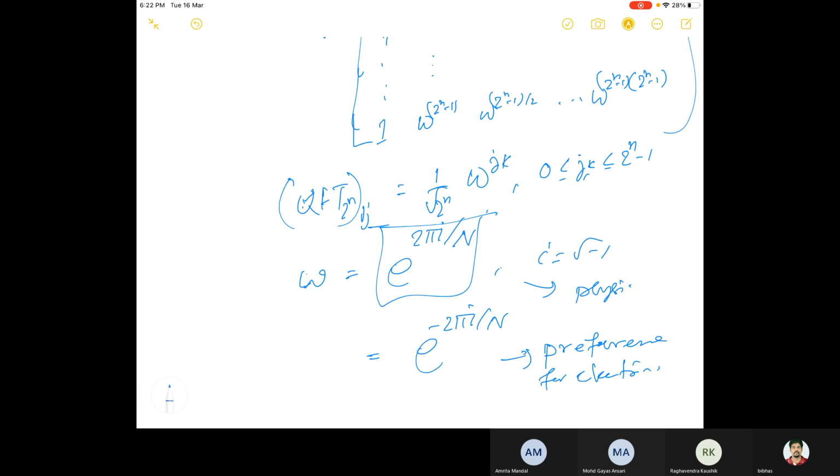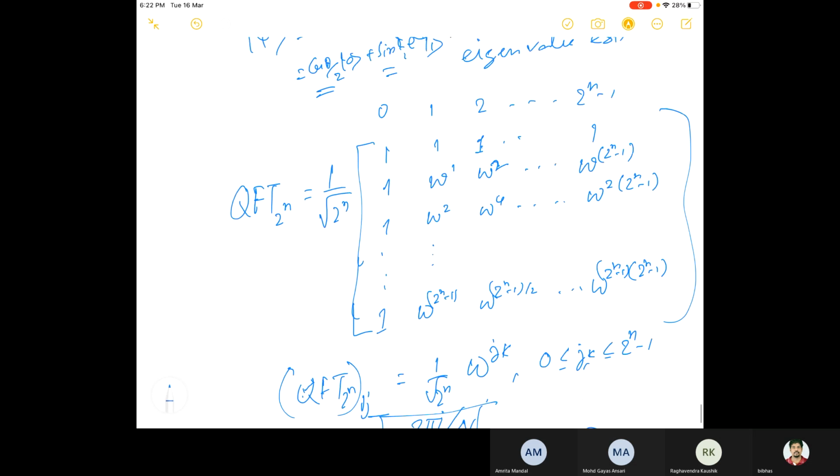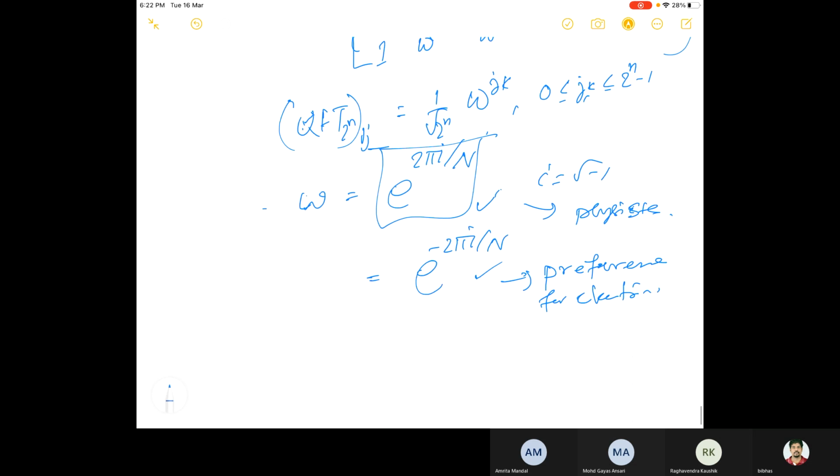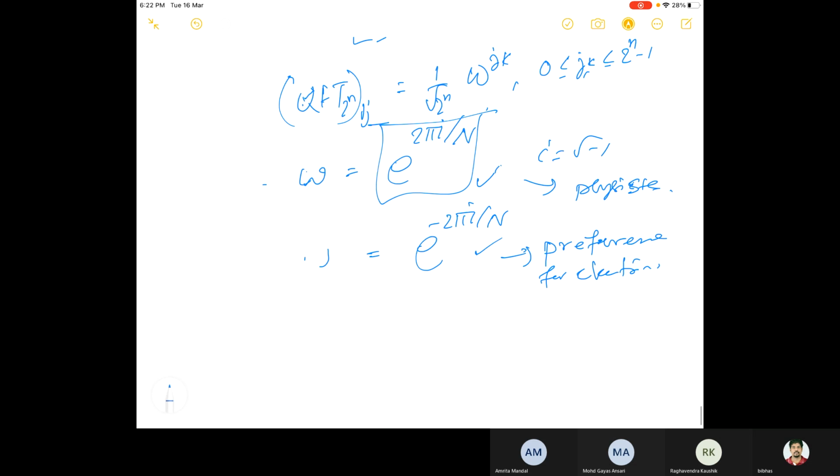Now, what is the connection between the corresponding matrices? If you take omega to be equal to this, construct the QFT, and then take an inverse, the inverse will correspond to the other omega.